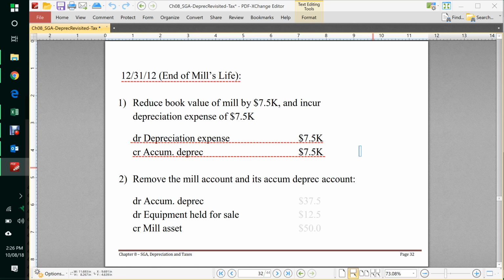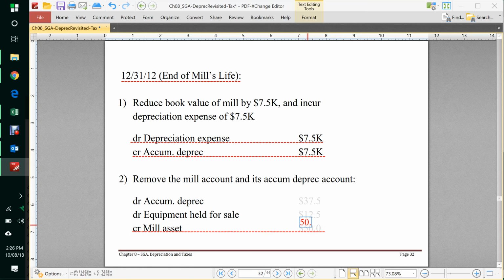That mill has morphed from something they're going to use to make money for a long time to something they just want to sell as soon as possible. So the first thing we want them to do is say, hey, we don't have this mill asset anymore. So we've got to deal with that.